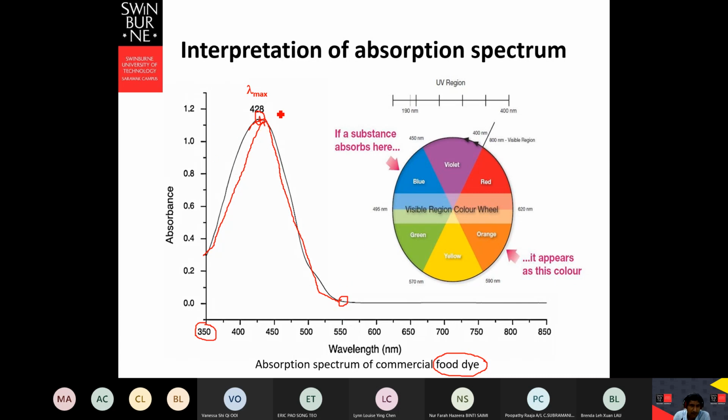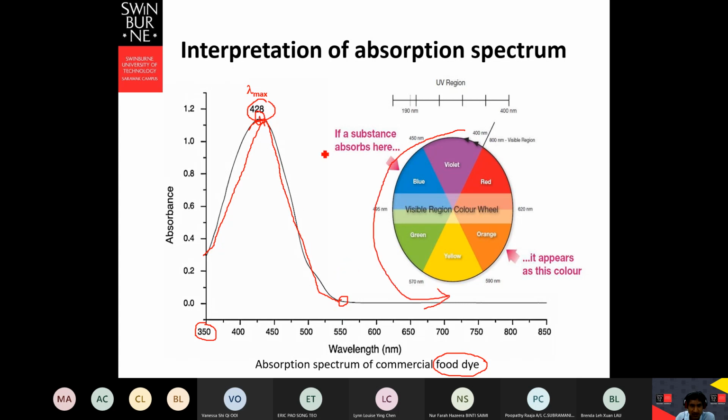And then if we see the color, or the absorbance is happening at 428, this is the color wheel. According to the color wheel, we will see where it falls, right? The color wheel is increasing in this way.